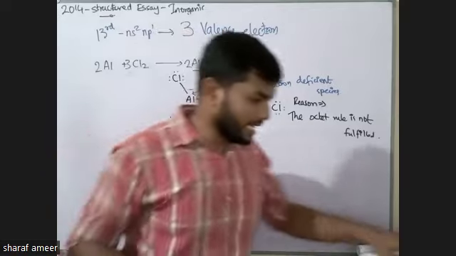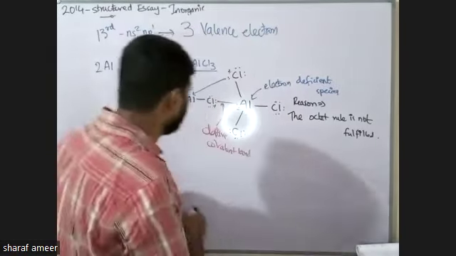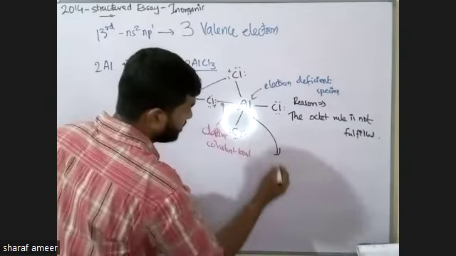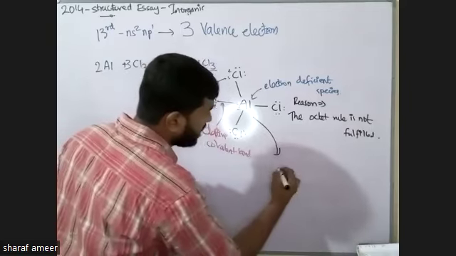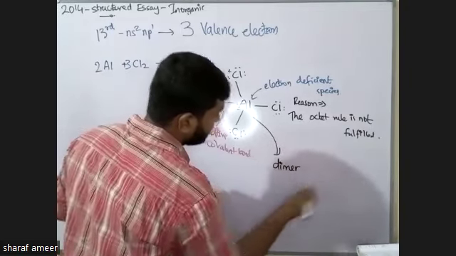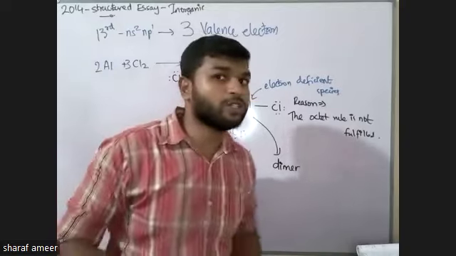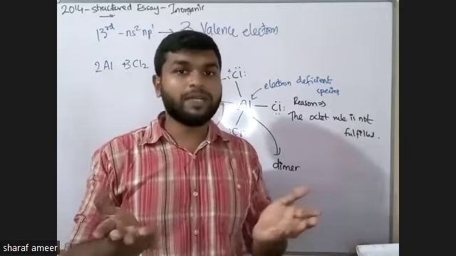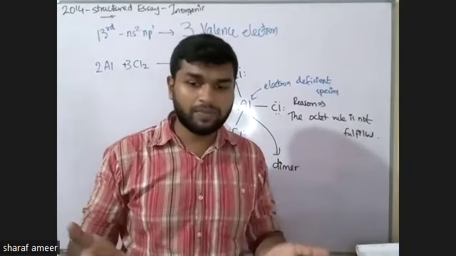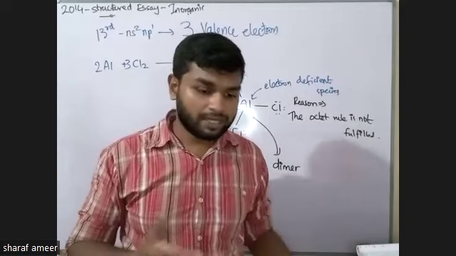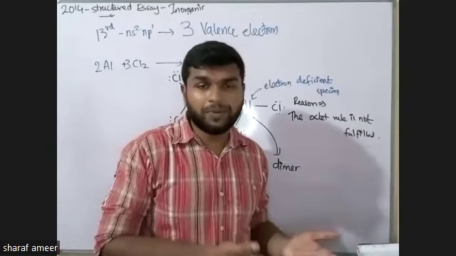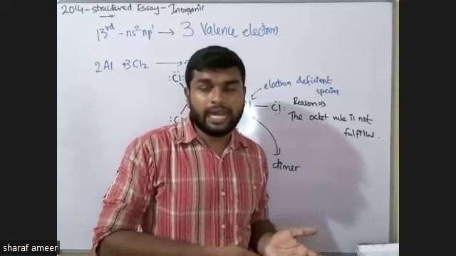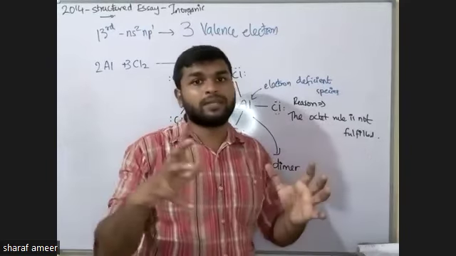So in order to form stability, this structure is called a dimer. They can ask in the essay part also, like X is a particular compound that forms compounds with halogen, and under gaseous state, it forms a dimer.